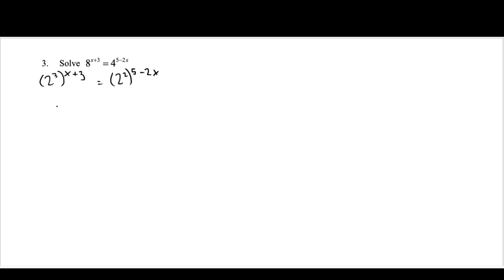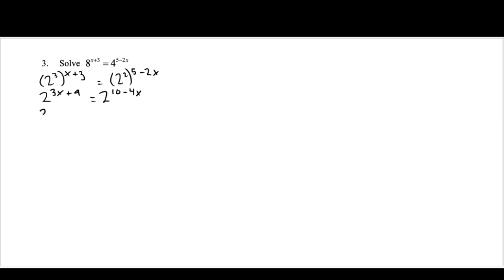And then I can multiply the exponents here. So that gives me 2 raised to the power of 3x plus 9 equals 2 raised to the power of 10 minus 4x. Now the base is the same on both sides.